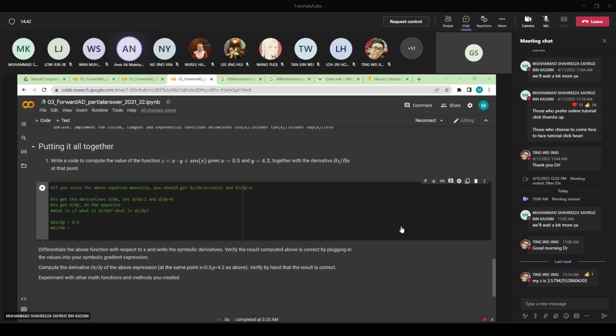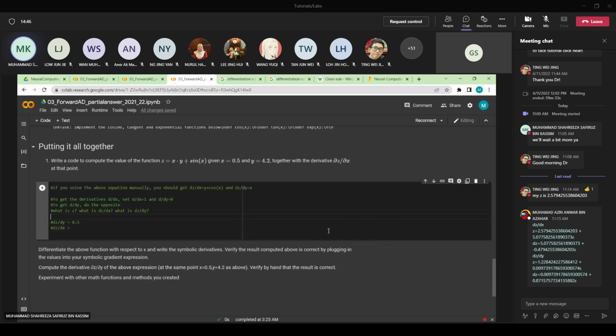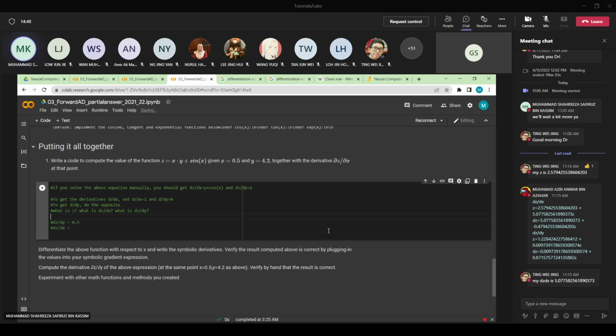Let me calculate it real quick. One moment. Manual calculation is okay as well. But when you have defined the dual number class and you do your calculation, did you get the same values?